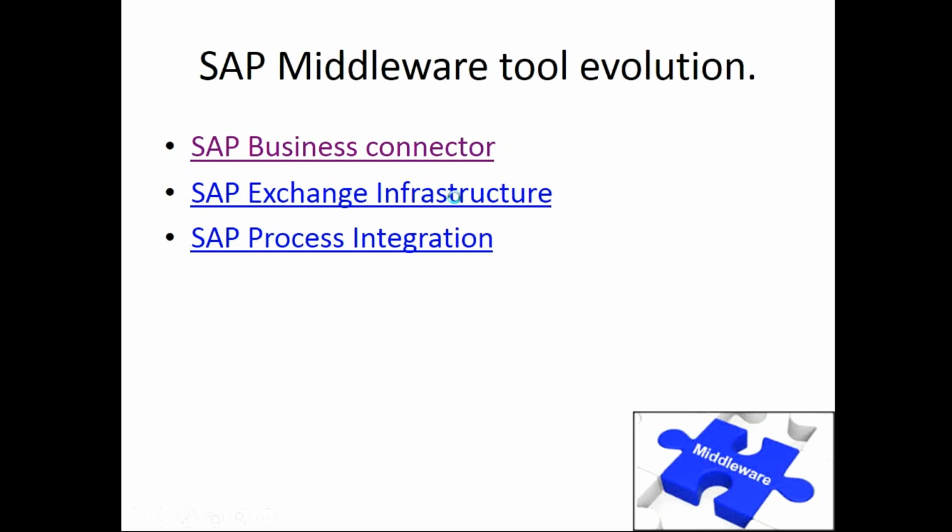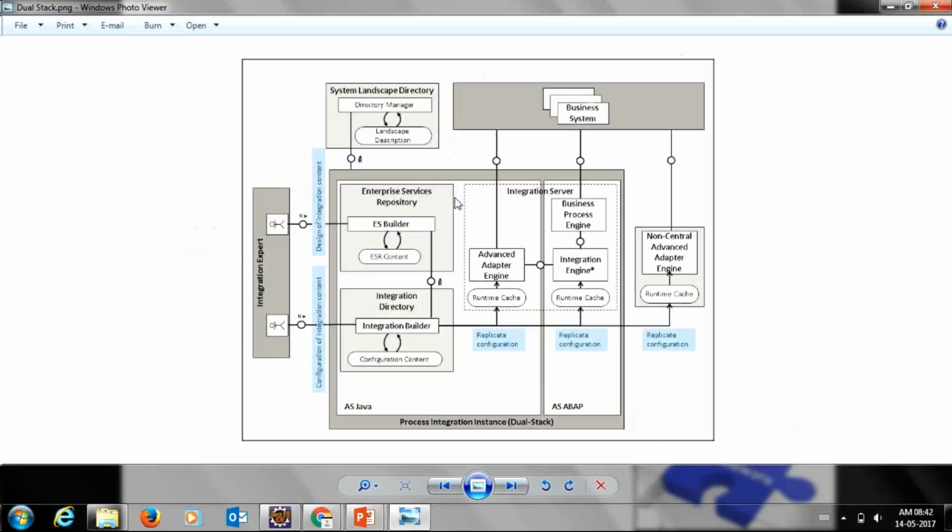So Exchange Infrastructure was created purely by SAP from the ground up on dual stack. Dual stack is something SAP people will relate to: the ABAP stack and the Java stack. The software was created by merging these two stacks together.